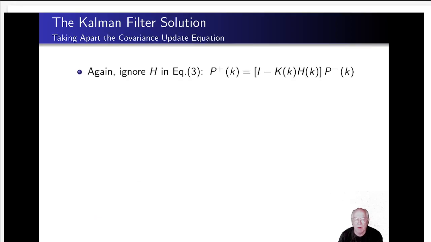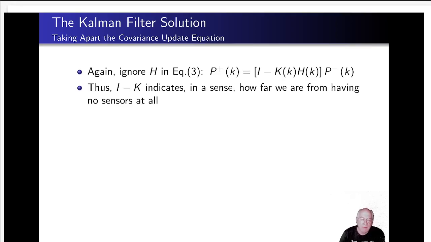Okay, let's take apart that covariance update equation. Again, we're going to ignore H here and just look at I minus K. Thus, I minus K indicates, in a sense, how far we are from having no sensors at all. If K is equal to the identity matrix, then that says we have a perfect sensor.